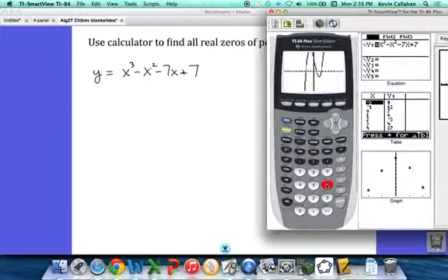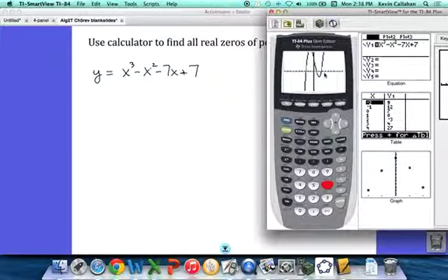How many real zeros do you see? 3. Remember, it's a cubic, so how many could you see? The maximum you could see is 3, and they're all right there. 1, 2, 3. So remember, if you can find them in the table of values, definitely look in the table of values.